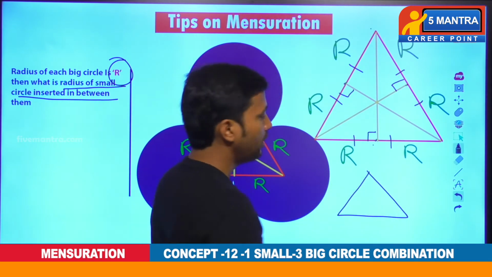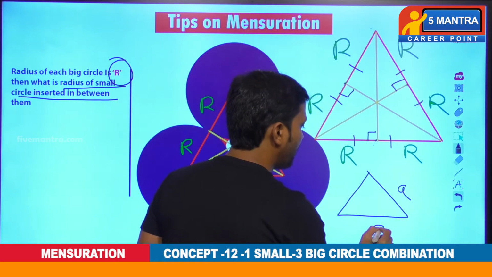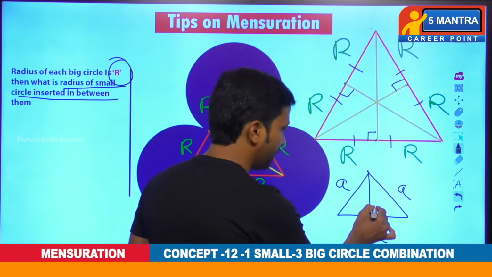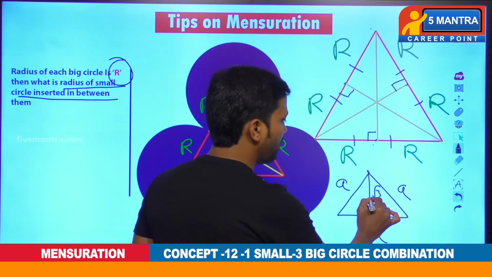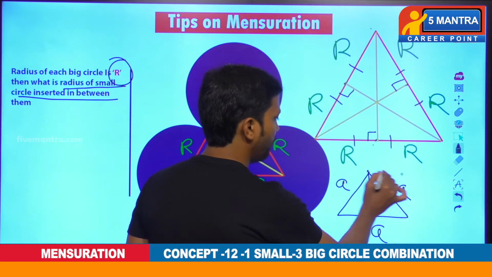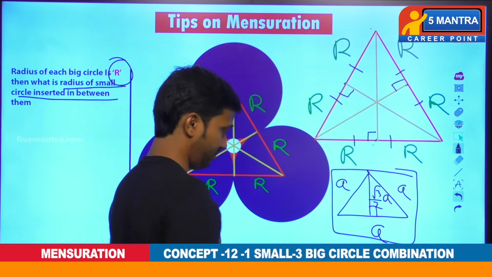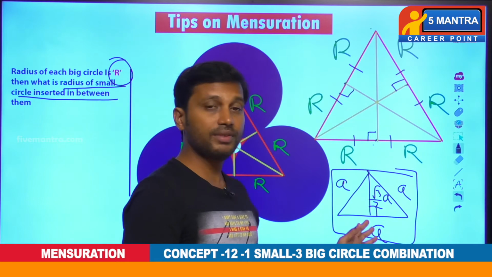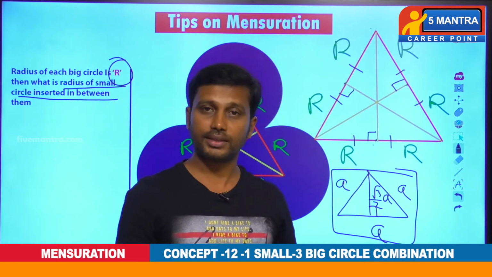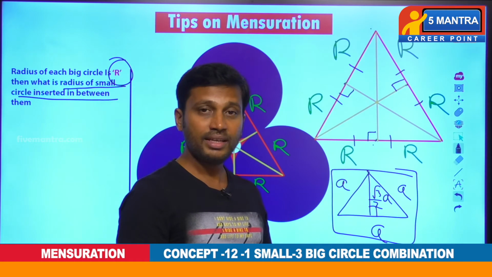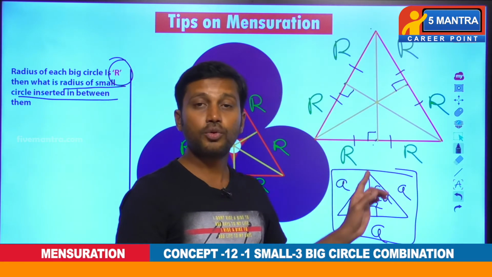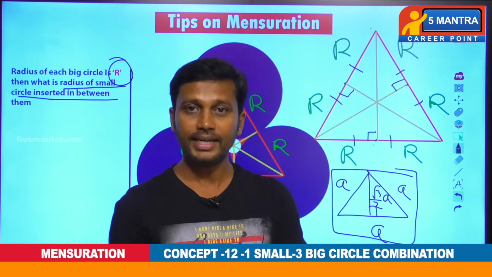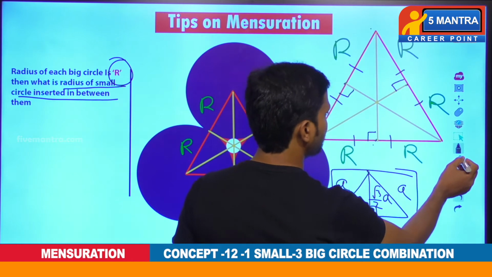Once again, remember: if the side of an equilateral triangle is A, then its height would be root 3 by 2 times its side, that is, root 3 by 2 A. Is it clear to you? This will be taught in your basics of the equilateral triangle in mensuration. So when the side is given, the height or altitude is root 3 by 2 times A, right? Let us go to the next.